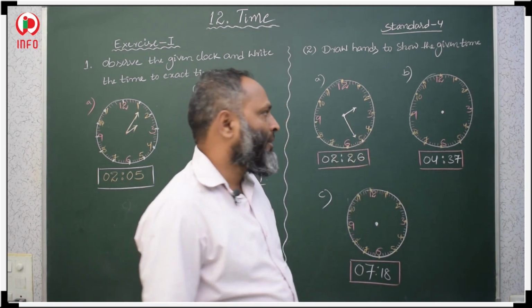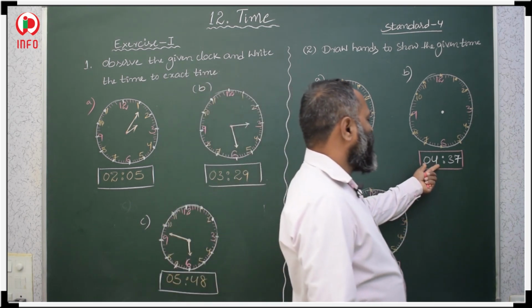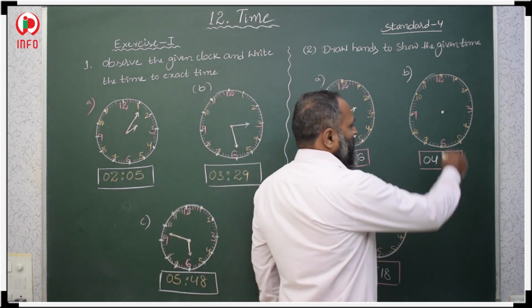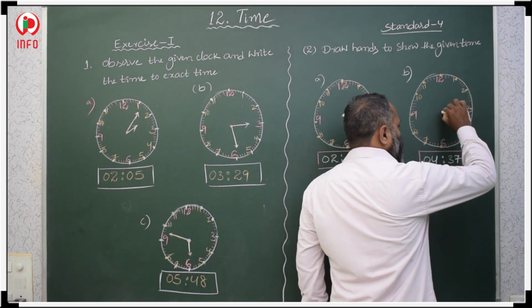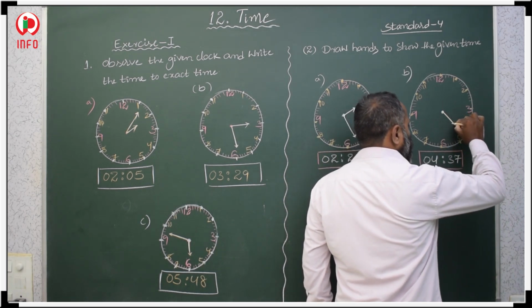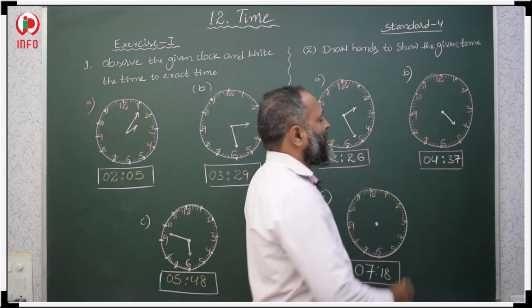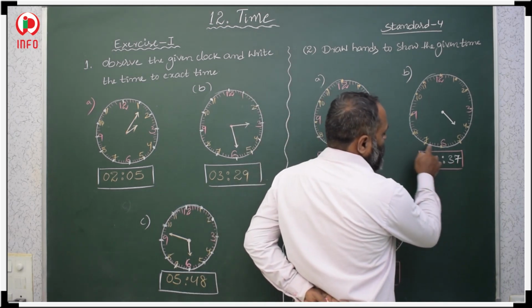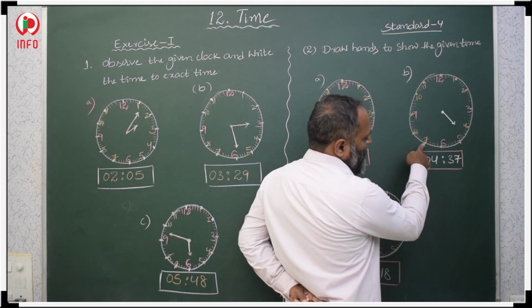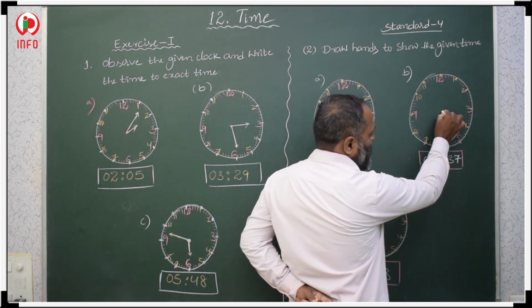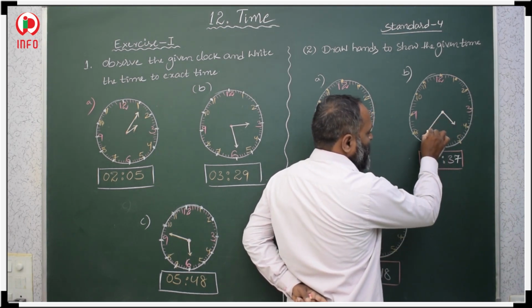Now here, 4 hours 37 minutes. For 4 hours, the hour hand is in between 4 and 5, so don't take exactly on 4. For 37 minutes, 7 fives are 35, and after that 2 more minutes, 36, 37.